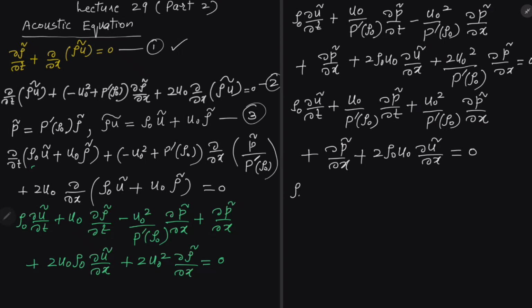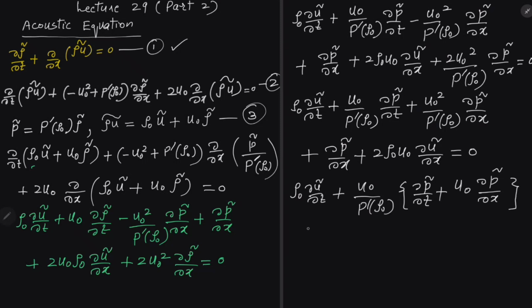So what we get: rho naught partial u tilde by partial t plus, taking u naught over p dash rho naught common, that term becomes partial p tilde by partial t plus u naught partial p tilde by partial x, plus 2 rho naught u naught partial u tilde by partial x is equal to 0.